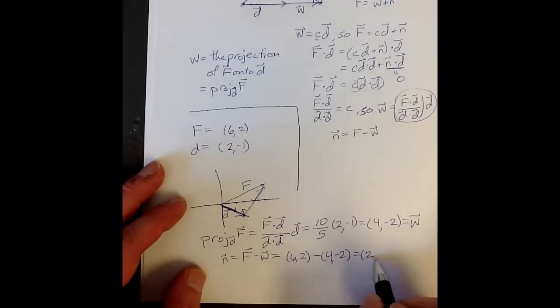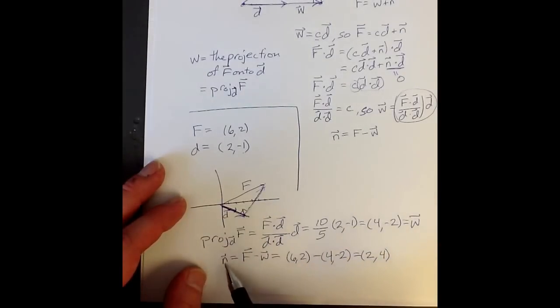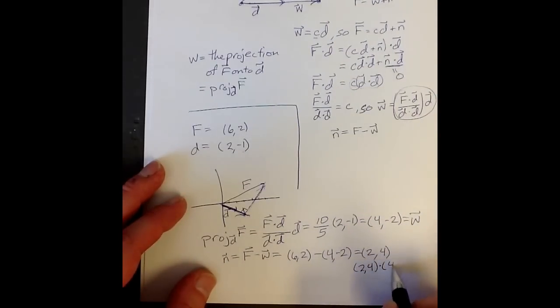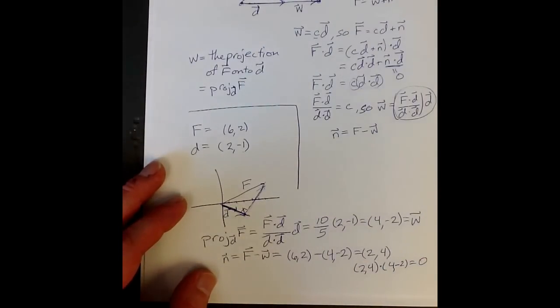So we get 2, and 2 minus negative 2 is 4. We can double check to make sure that n and w are perpendicular to each other. 2, 4 dotted with 4, negative 2 is equal to 0. So those two vectors are orthogonal.